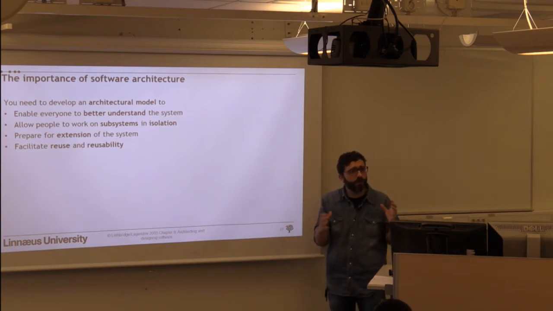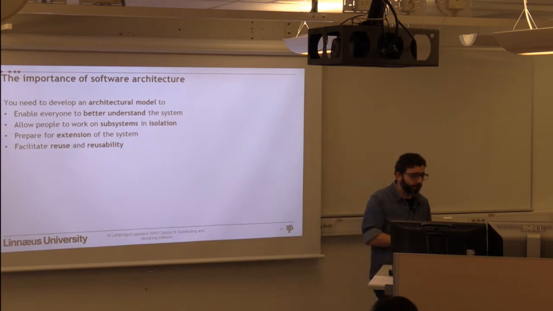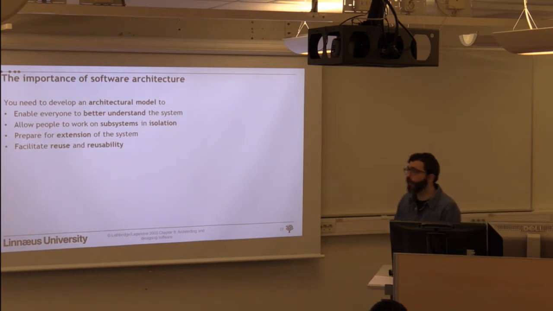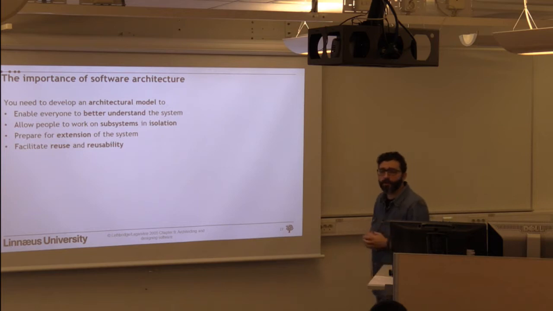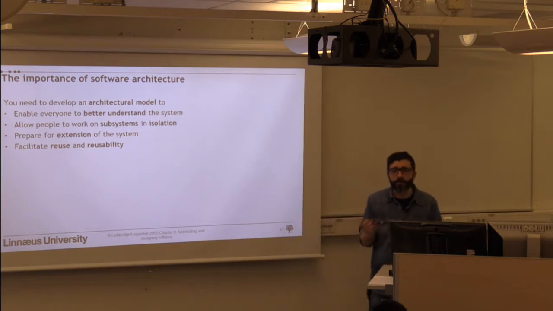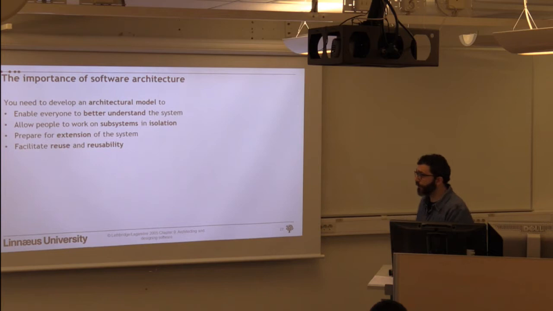If we define a software architecture properly, then it will be much easier to extend the software, by including a new subsystem, for example, or new modules, or replacing a specific subsystem with another subsystem that implements the same interface, so that you don't break the dependencies with the other subsystems.